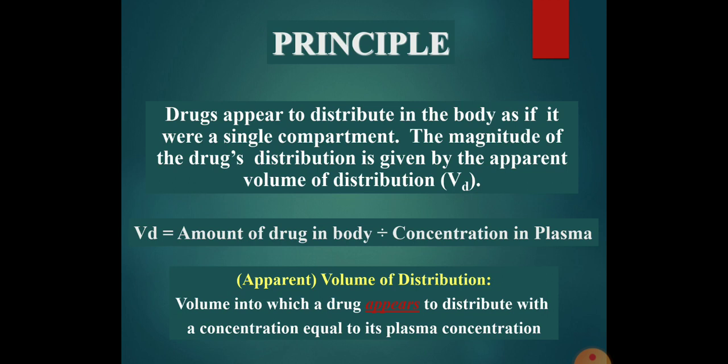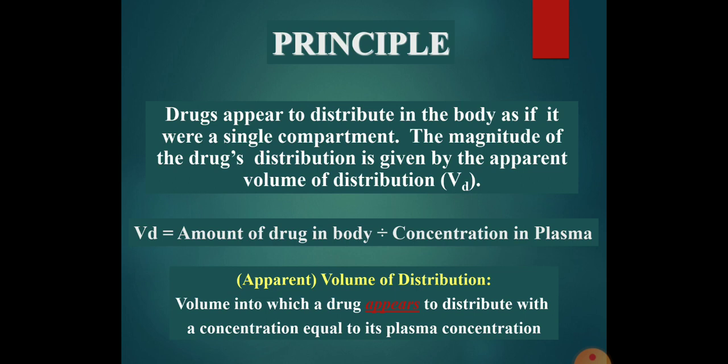That means if the dose of the drug is 50 milligram and plasma concentration of the drug is 50 milligram per liter, this apparent volume of distribution is going to be 1 liter, because 50 divided by 50, and milligram will be divided by milligram, and liter will go up as a numerator.